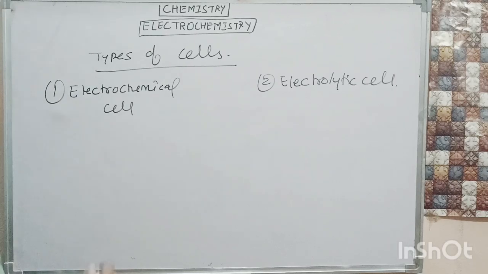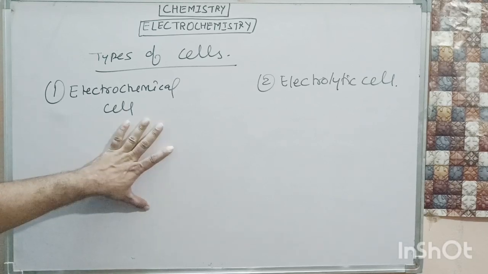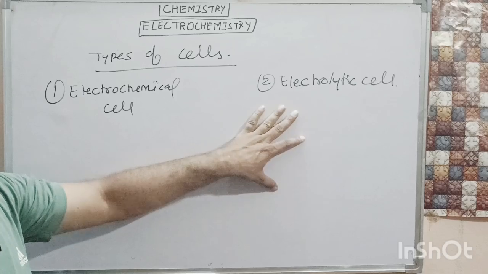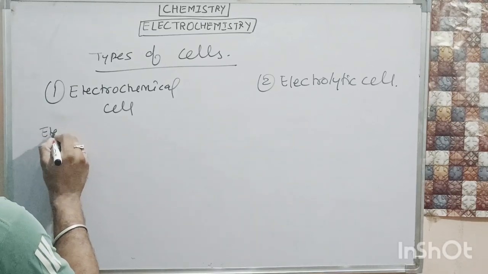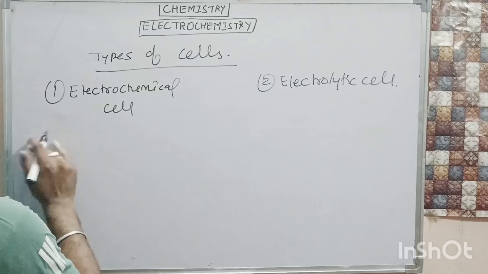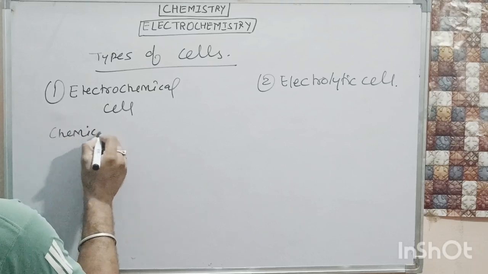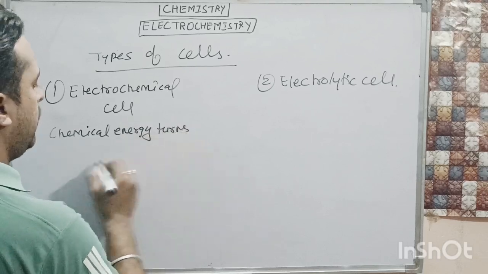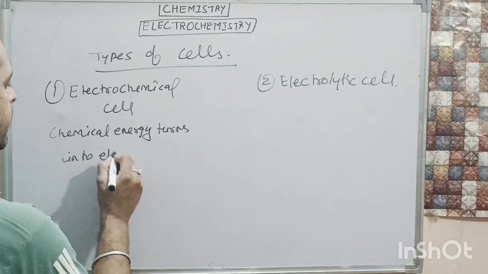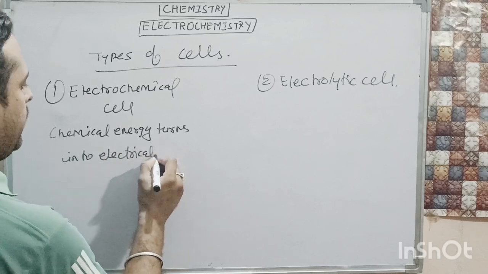There is an electrochemical cell and an electrolytic cell. Here, chemical energy turns into electrical energy.